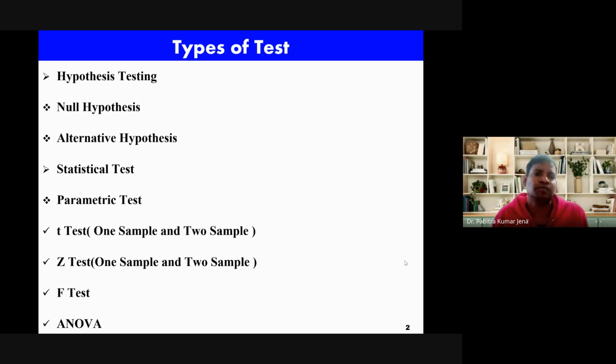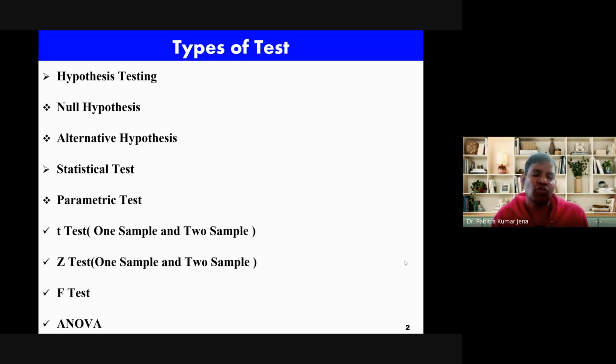So in hypothesis testing, there are two types of hypothesis. One is the null hypothesis, another is the alternative hypothesis. The null hypothesis is the false hypothesis and the alternative hypothesis is the true hypothesis. If you reject the null hypothesis, then you expect the alternative hypothesis.